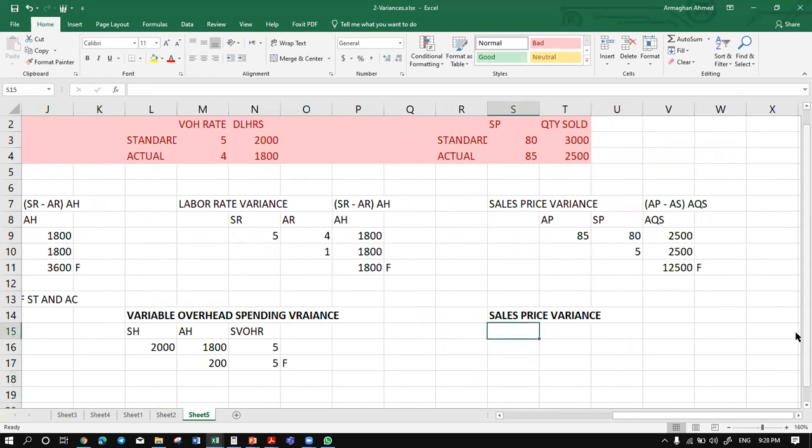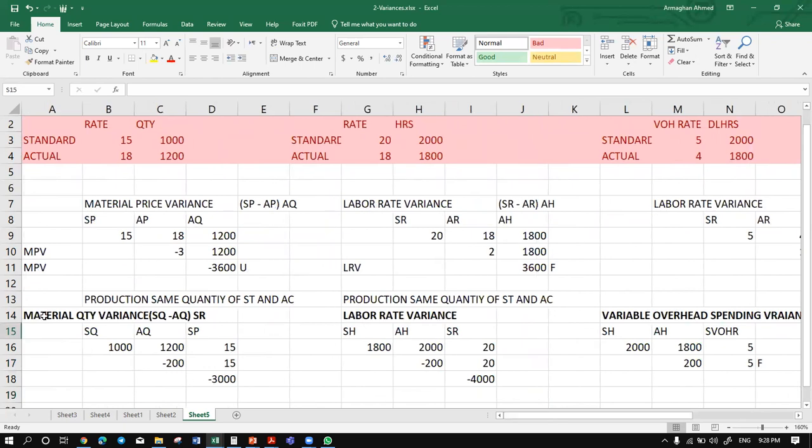Sales price variance, right? Now let me adjust these things. Material quantity variance; for labor, we call it labor efficiency variance. The above one was the rate, now we call it efficiency variance. So labor quantity variance is basically labor efficiency variance.